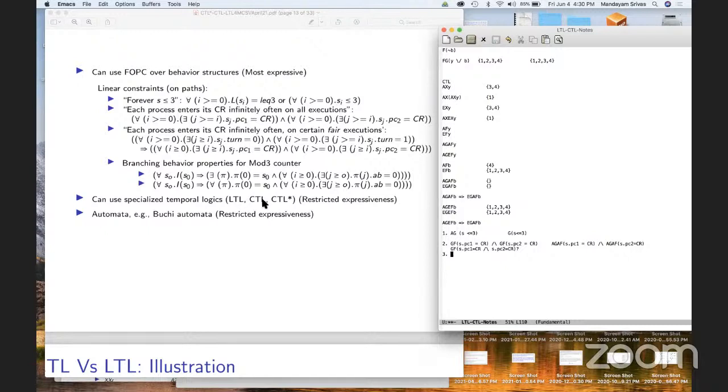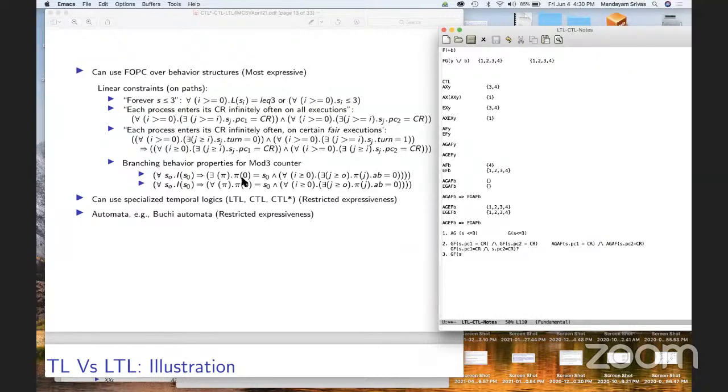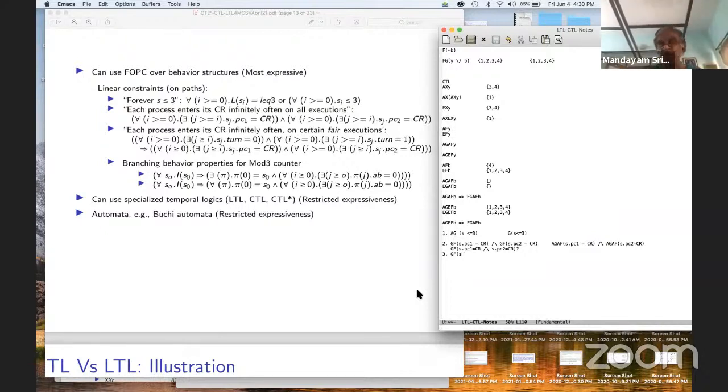That will be something like GF of turn equal to 0. Here j will not be there, because there I was using specialized predicate calculus, whereas here I can express it just in terms of the temporal operators. All the quantification over the indices that I needed earlier is no longer there.